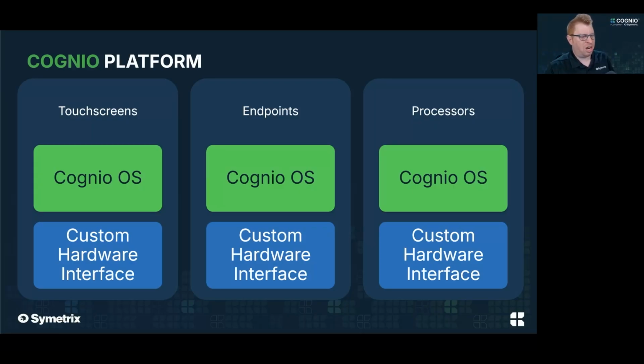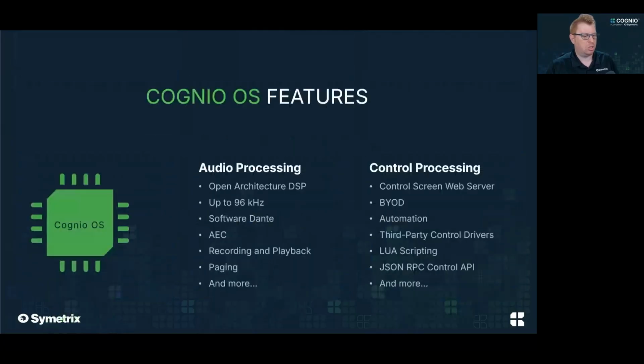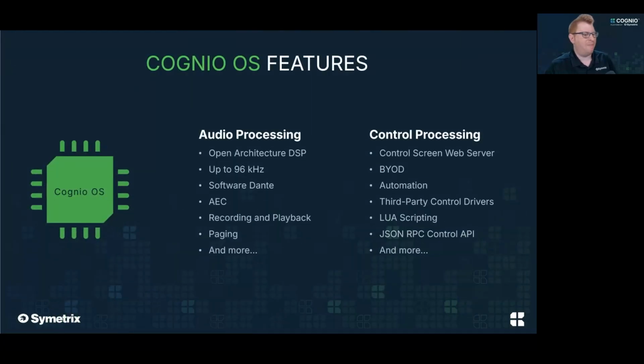So all of our touchscreens, endpoints, processors, and remotes run the Cognio OS, and every product running Cognio OS can have access to the same OS features. That includes, at a high level, audio processing and control processing.